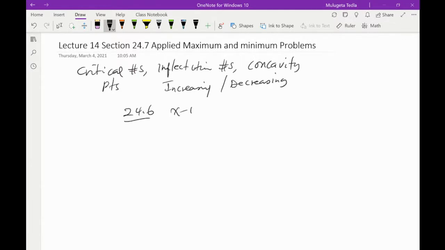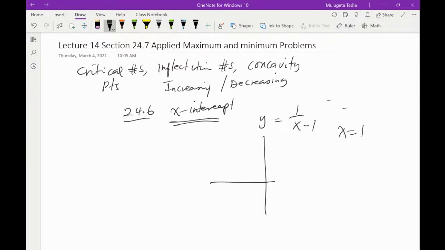24.6, they say x-intercepts. These are the most important to complete the graph. Of course, they say asymptotes too, but they don't even define them based on the limit. The asymptotes are those, for example, y is equal to 1 over x, where x equals 0 is an asymptote, or y equals 1 over x minus 1, then x equal to 1 is a vertical asymptote where it fails, and the graph would be like that.